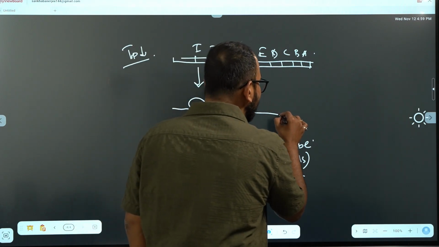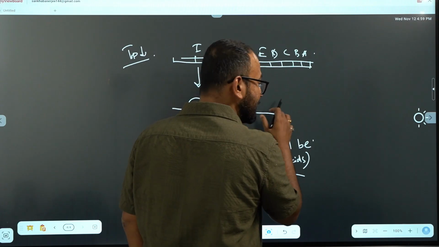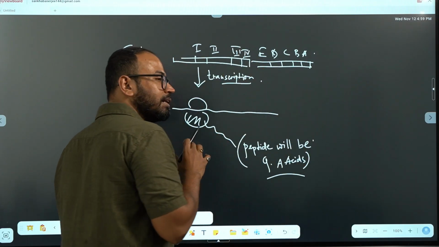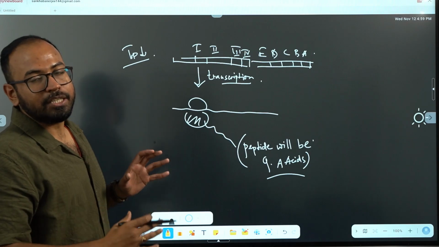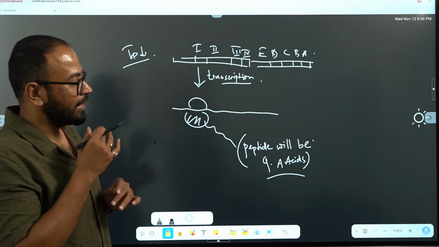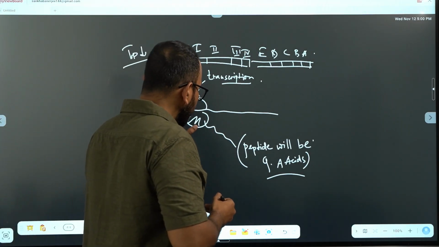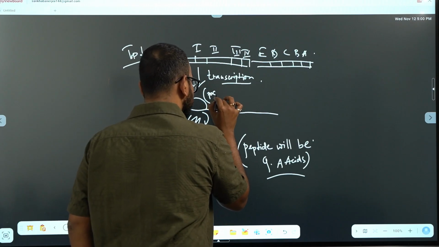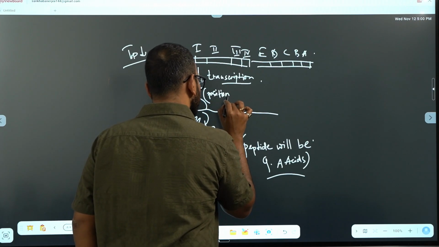Now we are getting the mRNA up to, suppose, the leader sequence. That means all the regions within the leader sequence have been synthesized at the mRNA level. The ribosome has stopped at position 10.